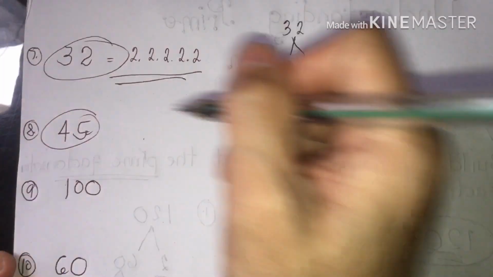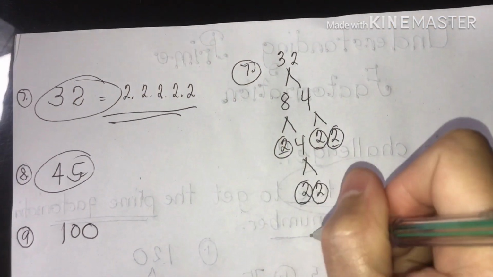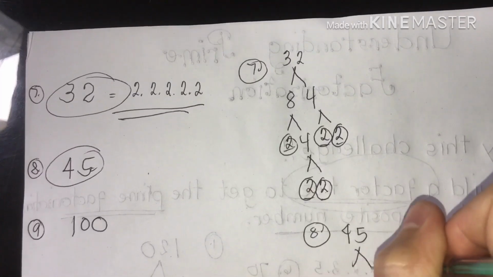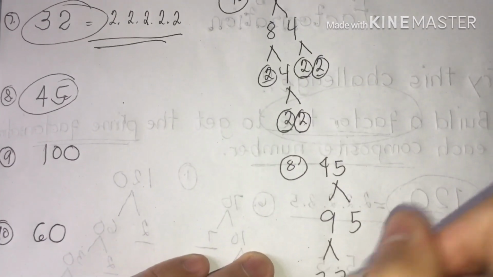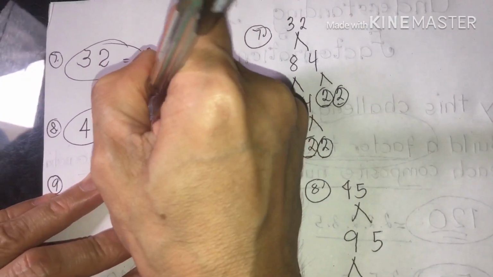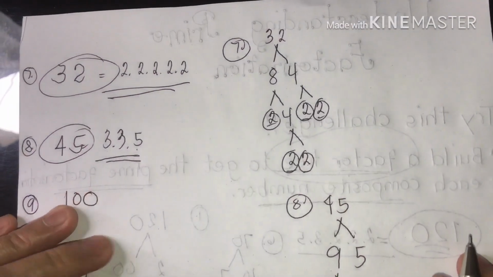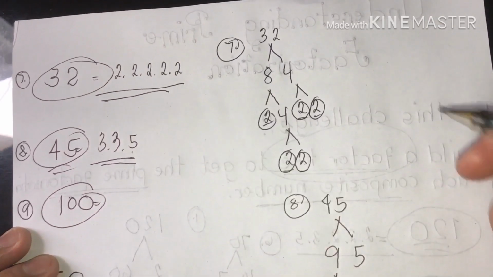Next is 45. This is number 8. 9 times 5, and then 3 times 3. So we're going to write here 3, 3, next 5. This is the factor of 45. Next is 100.